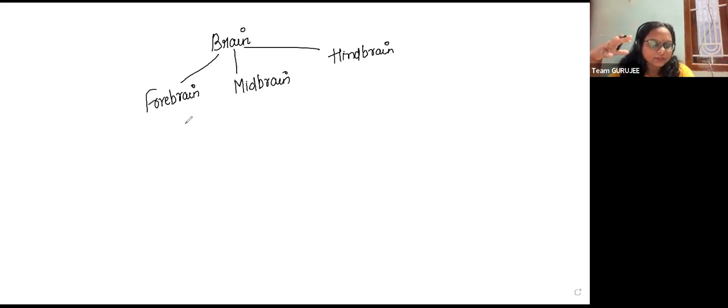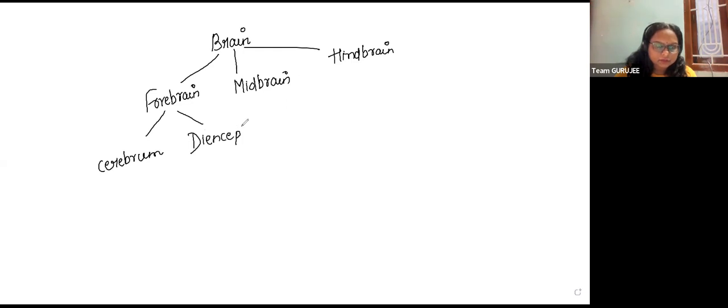So first I'll give you the parts, like where each is situated and how it looks, because in different pictures you can see that it is different. So the forebrain is actually the cerebrum and the diencephalon. These are the two parts of the forebrain.